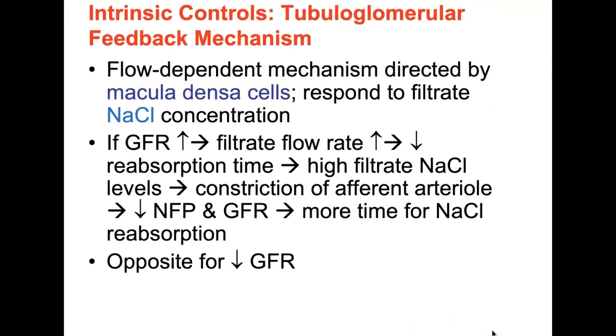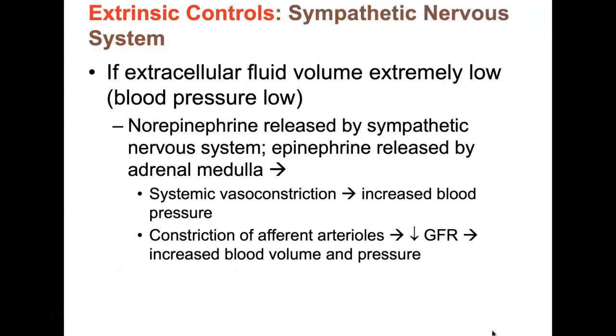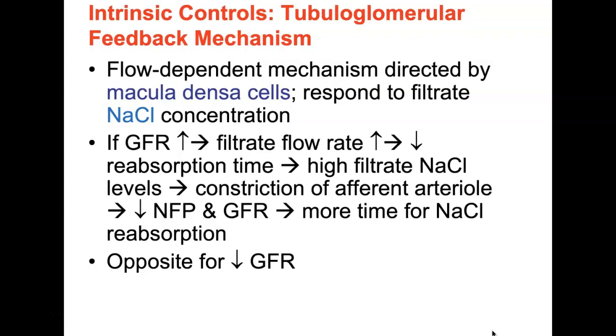The second mechanism is the tubuloglomerular feedback mechanism, and it's essentially directed by the macula densa cells of the juxtaglomerular complex that we learned about in the previous video. These cells, remember, are located in the walls of the ascending limb of the nephron loop, and they respond to filtrate sodium chloride concentration, which varies directly with filtrate flow rate. When GFR increases, there is not enough time for reabsorption, and the concentration of sodium chloride in the filtrate is going to remain high.